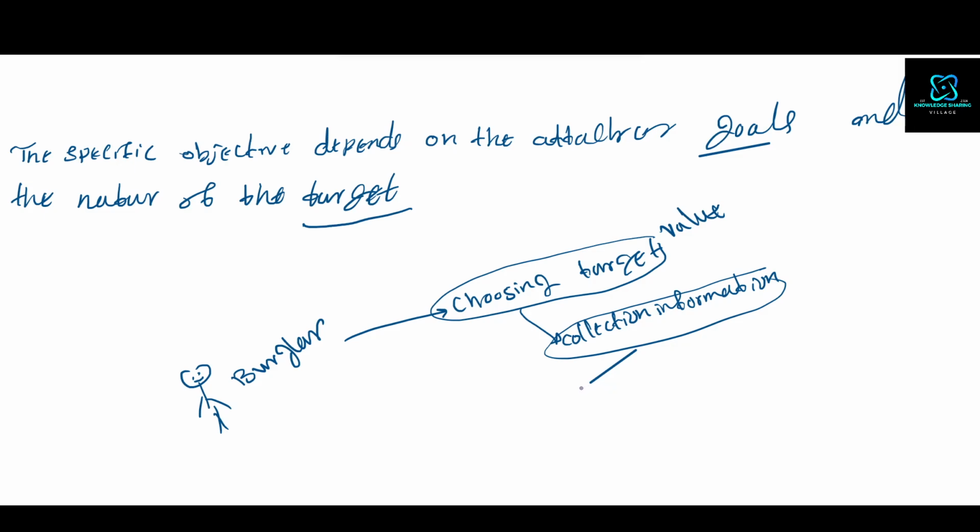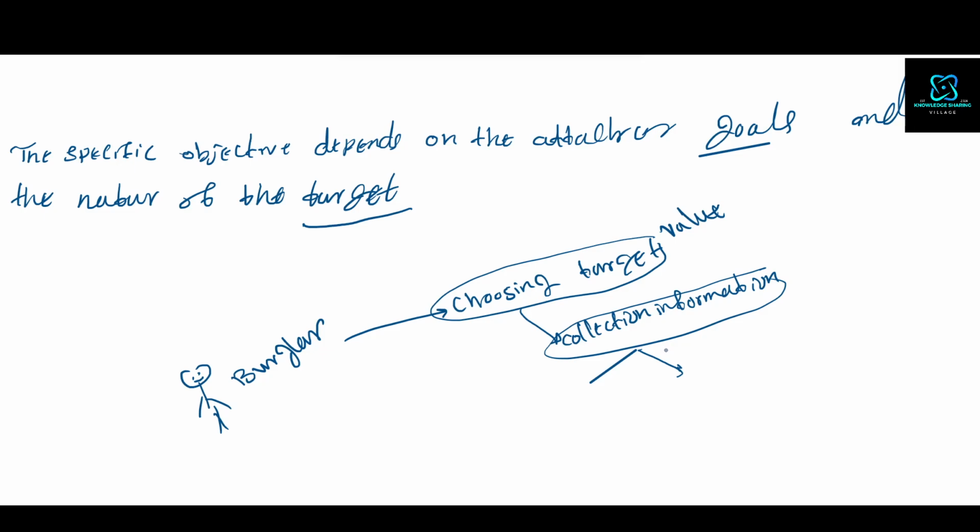For example, some targets can have high value, but their defense system is so strong that it is very painful, hard, and costly for the burglar. Then the burglar will not go that way. The burglar will choose the target based on, for example, easiness, how easy it is to gain access to the target system.